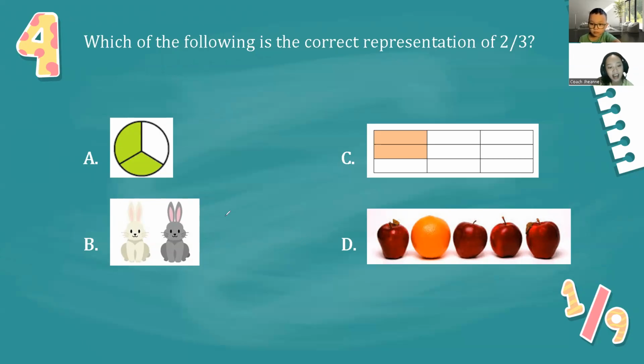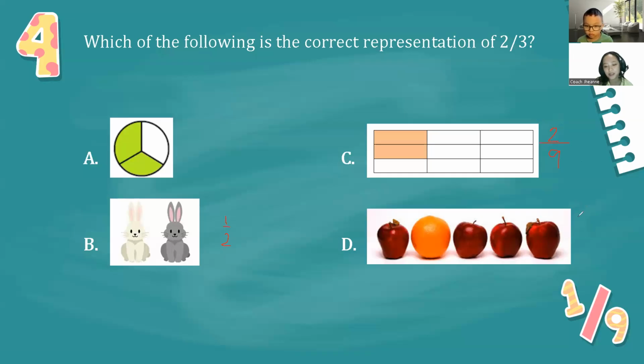B is 1/2 because there are 2 rabbits and 1 is black. So 1 black rabbit out of 2, or 1 white rabbit out of 2, so that is 1/2. Here, C, there are 9 cells and 2 are shaded, so that is 2/9.